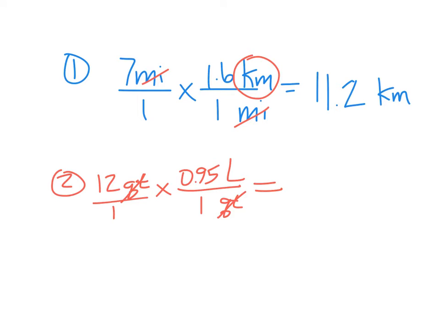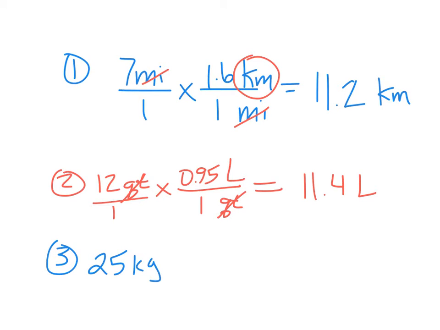What is 12 times 0.95? 11.4. Good job. And what am I labeling this? Liters. Very good. Not too bad, right? All right, let's do another one.